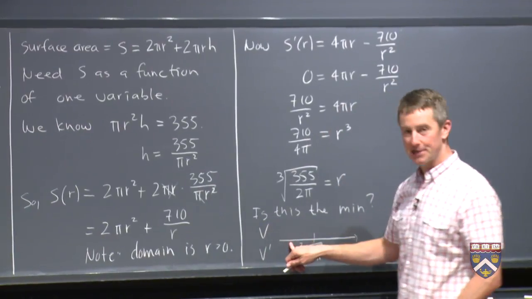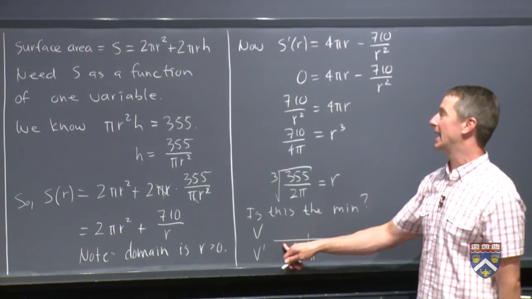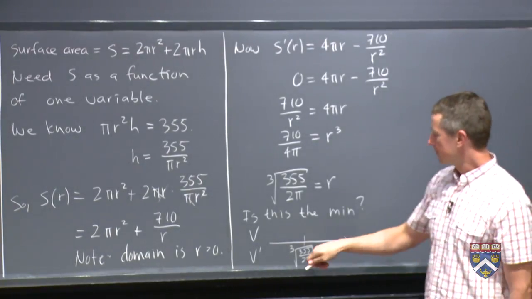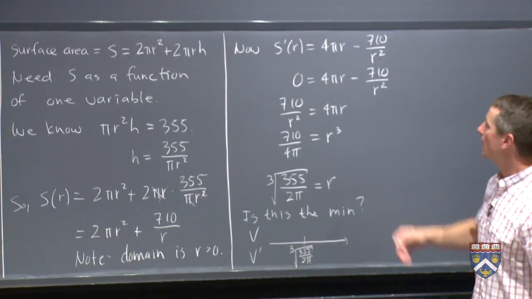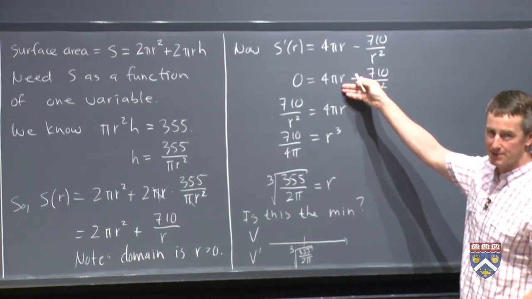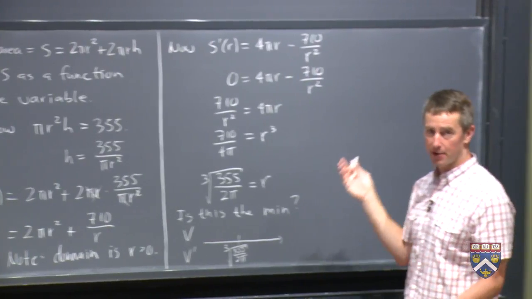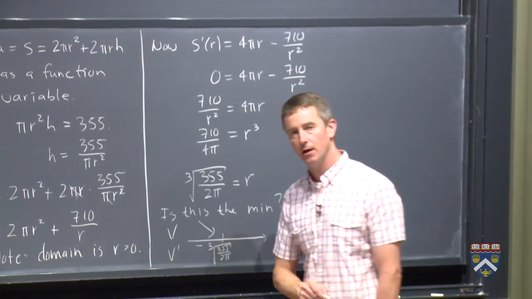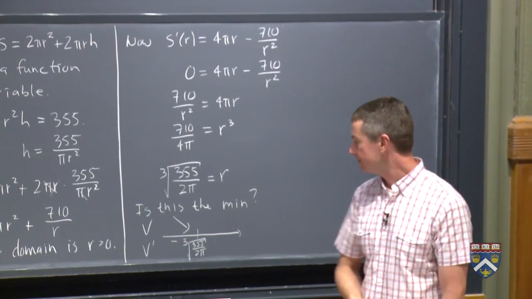It would be nice to pick 0 over here, but remember, 0 isn't in the domain. And if I try to plug in 0, the derivative will be undefined. But this number is bigger than 1, so I can plug in 1. And if I get 4 pi times 1, that's around 13, minus 710, that's definitely a negative number. So S is decreasing out there, which is what we're hoping for, because we're looking for a min.